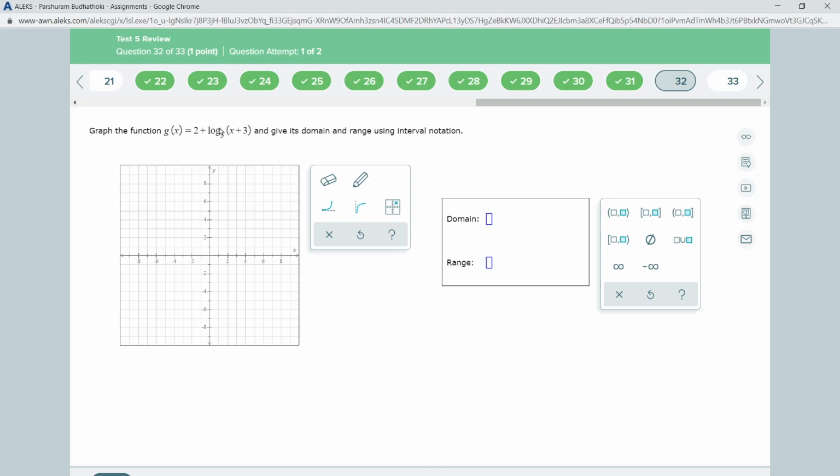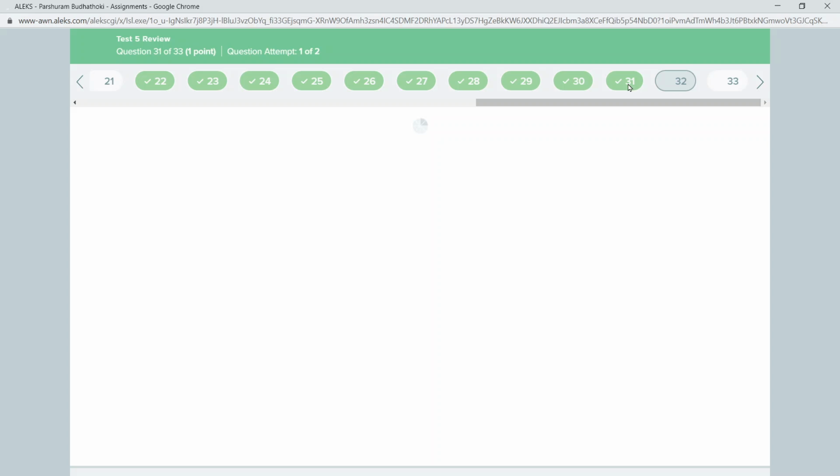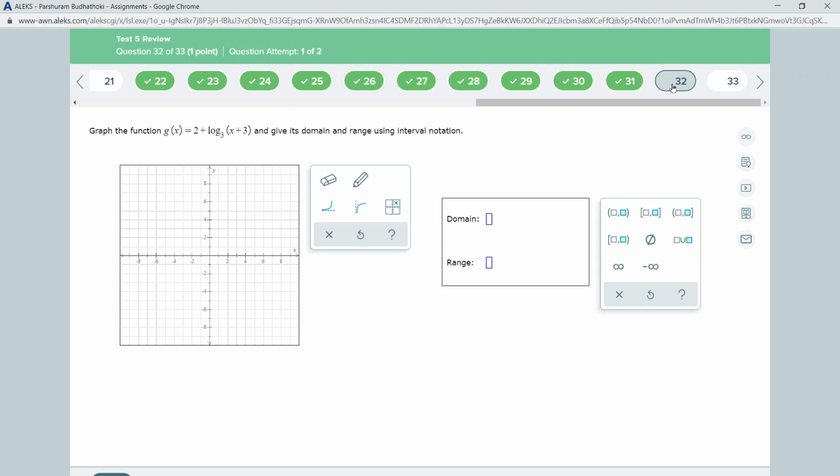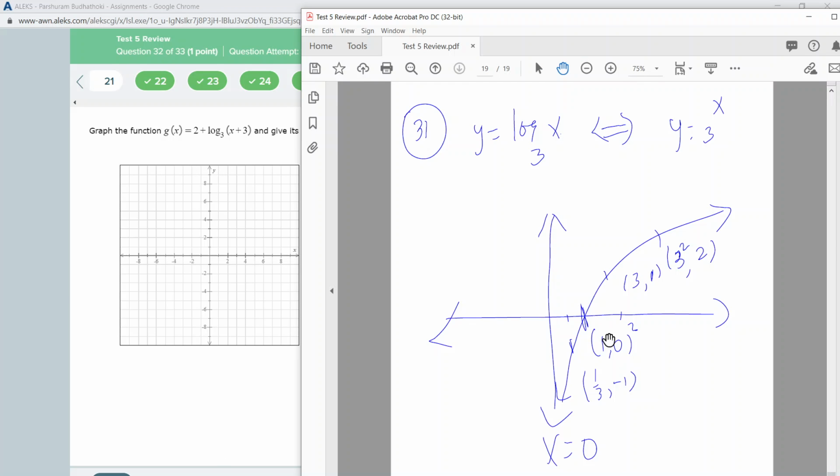So here you need to plot the graph of log base 3 of (x plus 3) plus 2. Remember, this is the same as the previous problem, log base 3 of x plus 2. But first of all, before shifting your graph up, you have to shift the graph to the left, 3 units left. So these points, you have to shift them 3 units left and then only up.